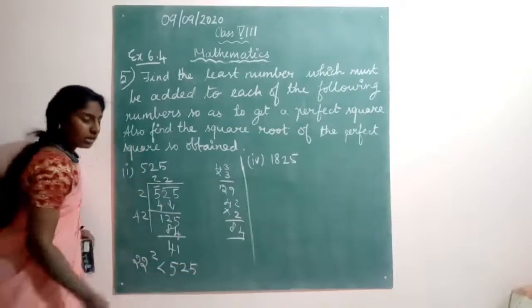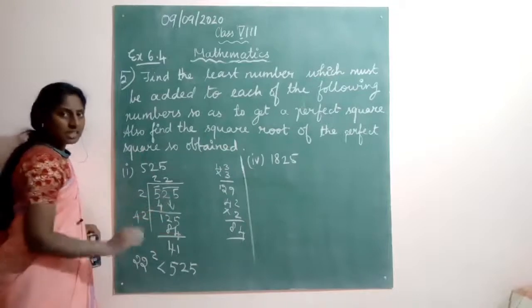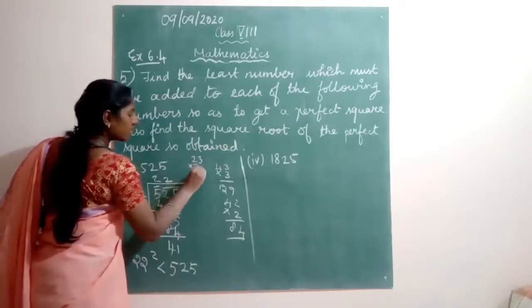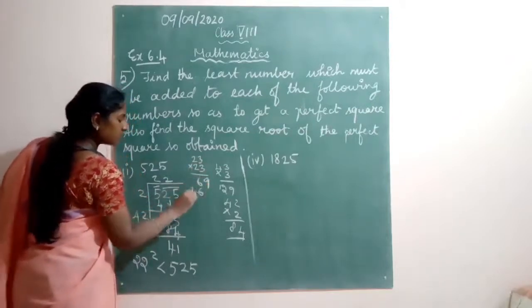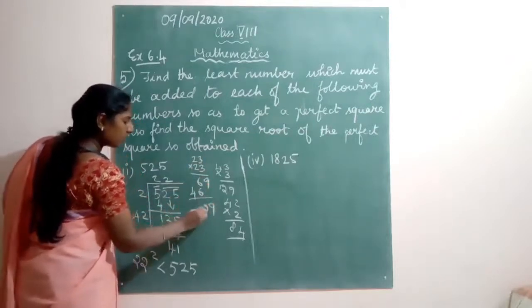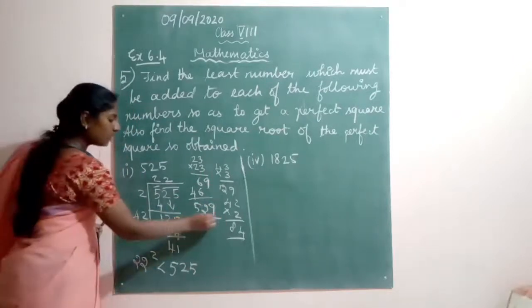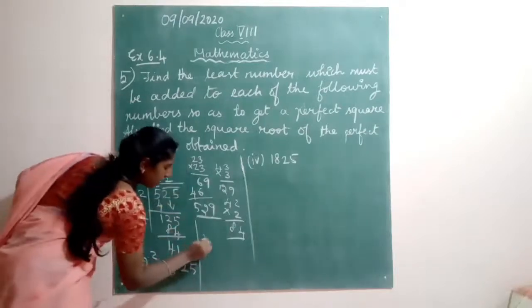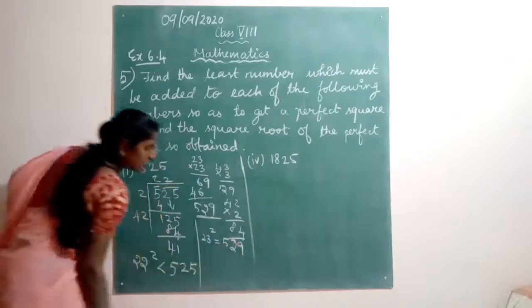What will be the next square number after 22 square? 23 square. So find what is 23 square. 3 3s are 9, 3 2s are 6, 2 3s are 6, 2 2s are 4. So 529. 23 square is equal to 529.